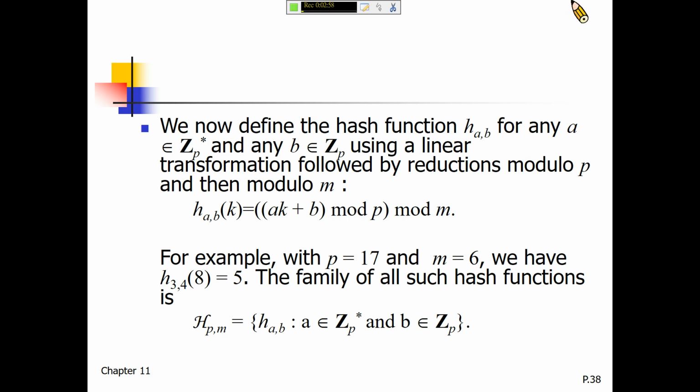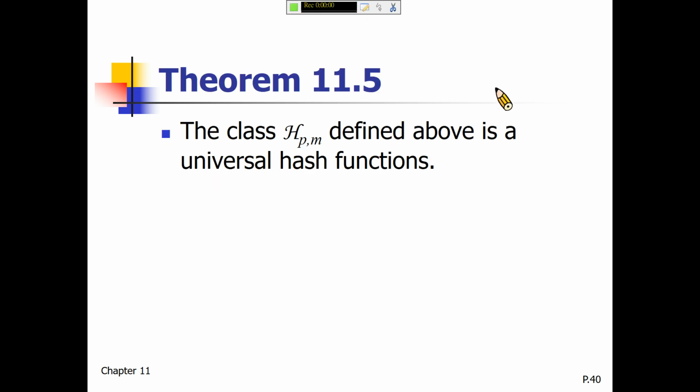Since we have p minus 1 choices of a and p choices of b, the collection H_pm contains p times (p minus 1) hash functions. Finally, we will show Theorem 11.5: the class H_pm of hash functions defined previously is universal.